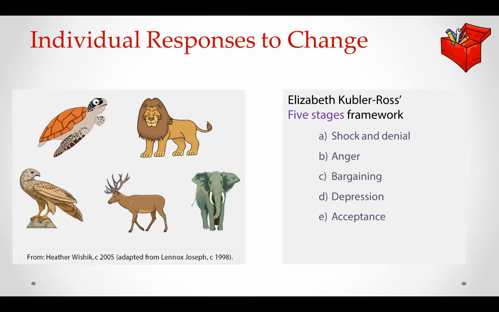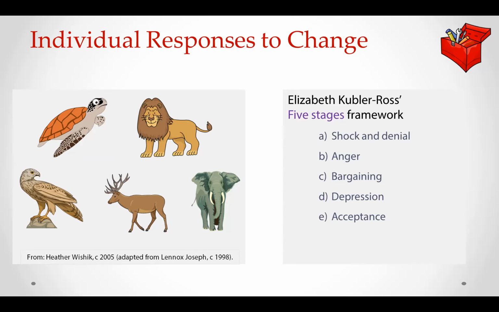Another framework that allows us to understand individual response to change is Elizabeth Kubler-Ross's work, which led to her identifying 5 stages that people go through when they encounter a drastic change.